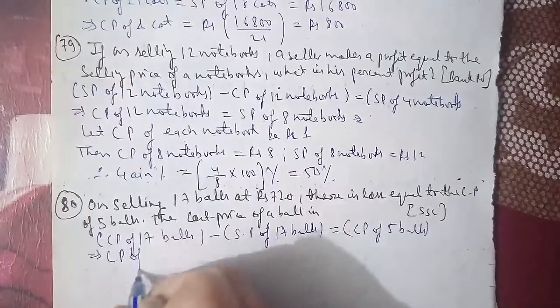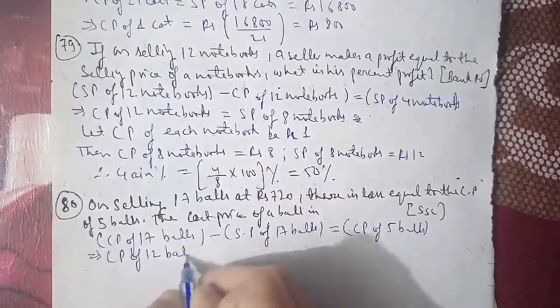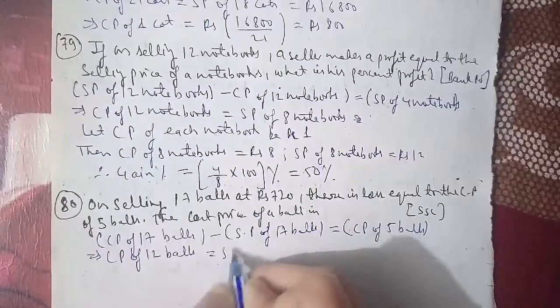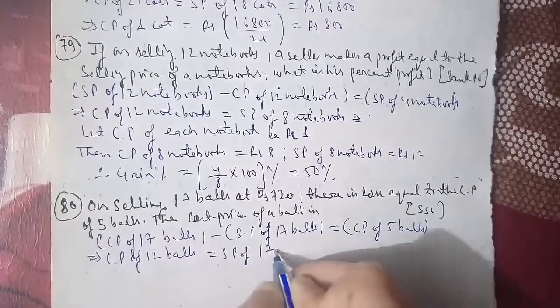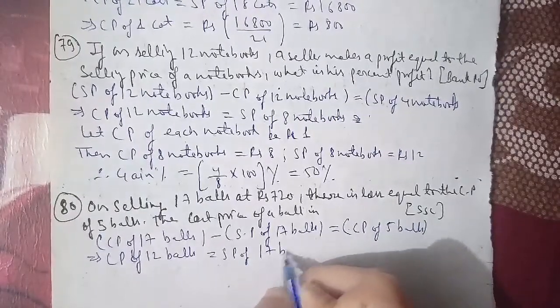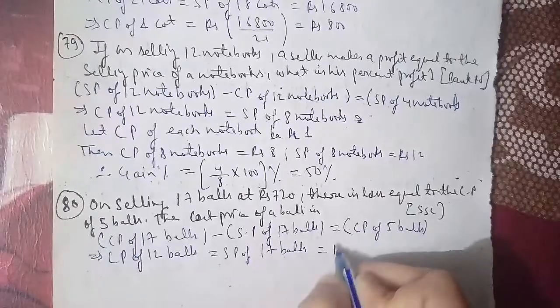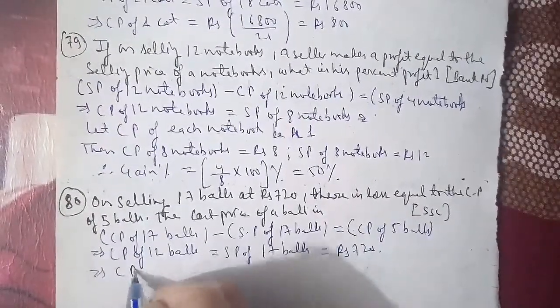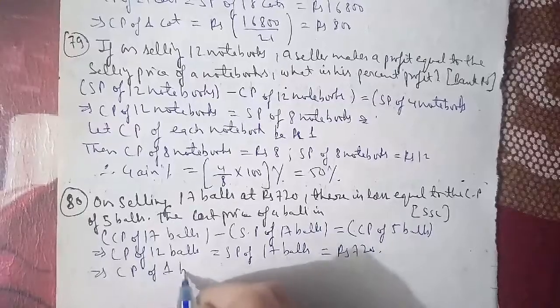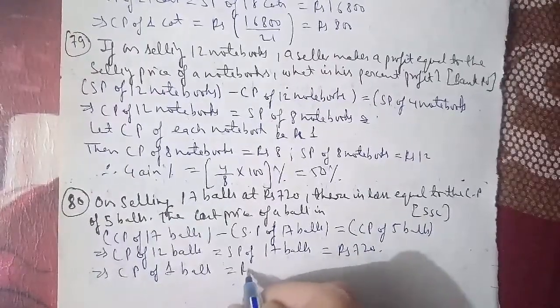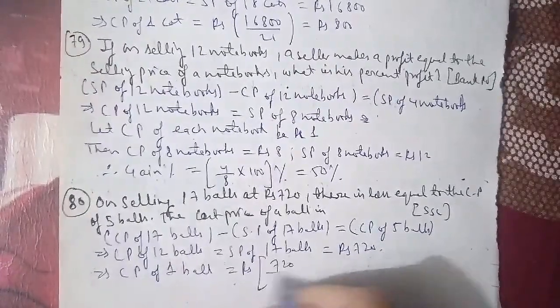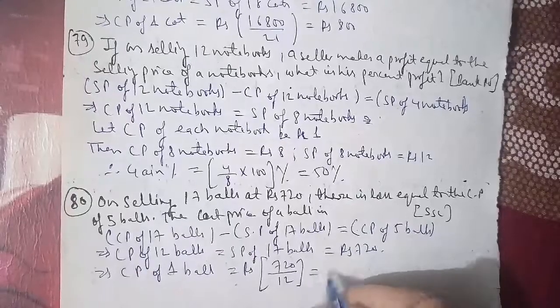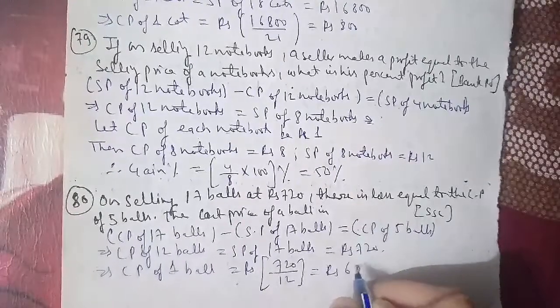So CP of 12 balls equals SP of 17 balls, which is the selling price of 17 balls, equals rupees 720. CP, which is the cost price of 1 ball, equals rupees 720 upon 12, equals rupees 60, that we get as an answer.